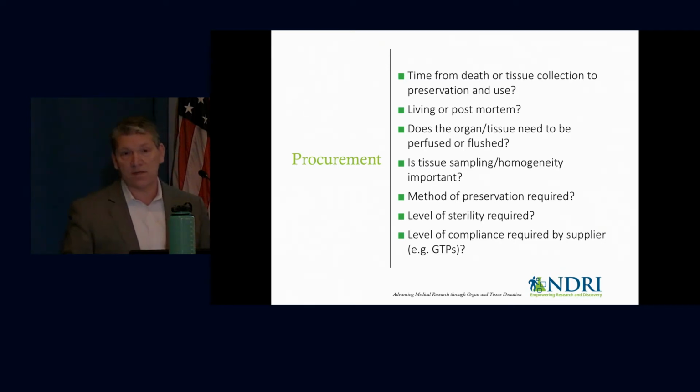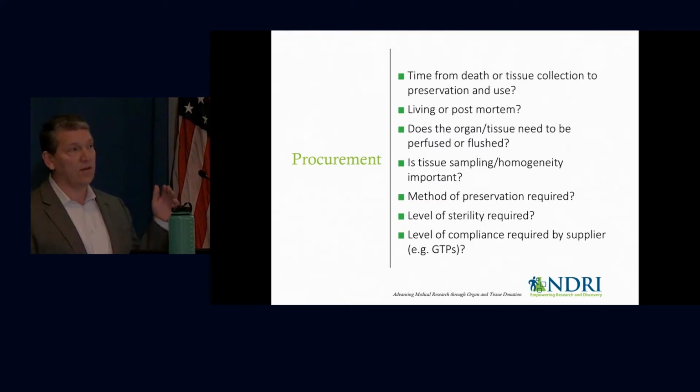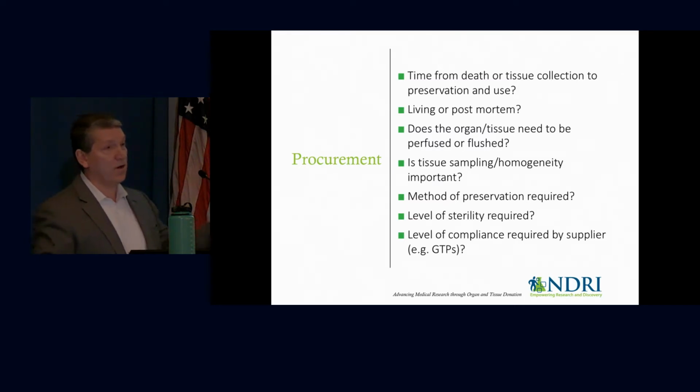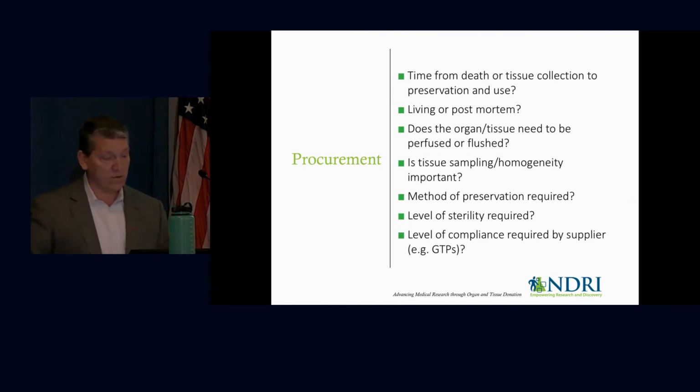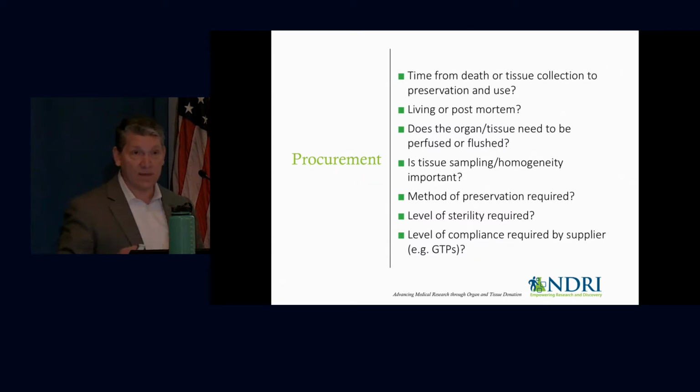So again, if I have a cell therapy company that comes to me and is going to develop a product as a therapeutic, I have to make sure our quality assurance group is auditing sites with GTPs in mind. It's a different level of compliance. They're going to have to be able to, or we are as the sourcing provider, convince the FDA and their CMC that we've covered all the aspects of that level of compliance.